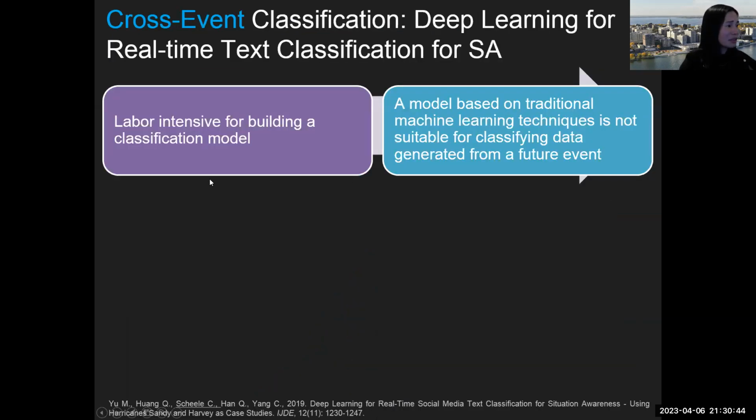In a subsequent effort, we developed a deep learning-based model to support cross-event classification. The contribution of this model is that a model trained on historical data sets is suitable to classify data sets generated from future events, which means the model addresses the generalizability issue.